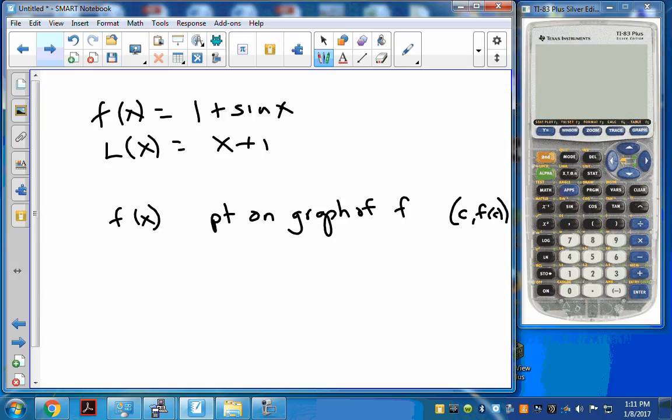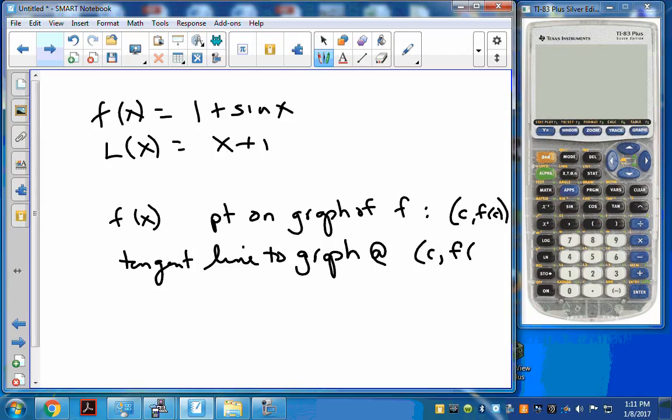And then we need the tangent line to the graph at this point, c, f of c. This is our x value, this is our y value.